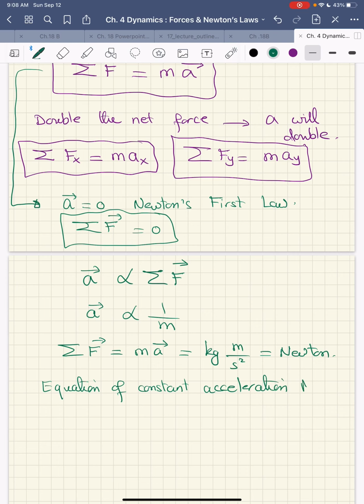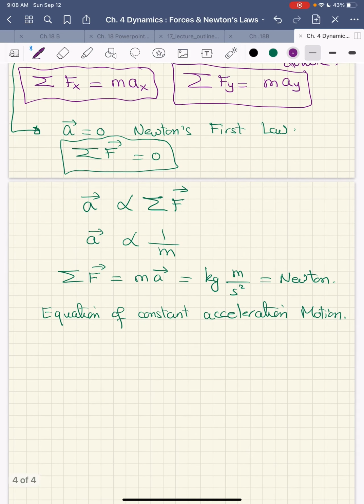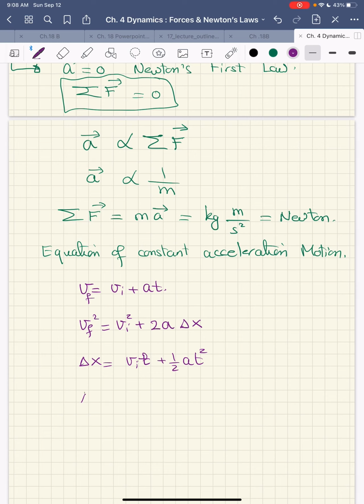Equations of constant acceleration motion, and these are: V final equals V initial plus at; V final squared equals V initial squared plus 2a delta x; and delta x is V initial times t plus 1/2 a t squared.